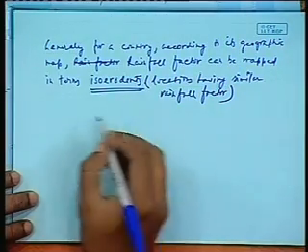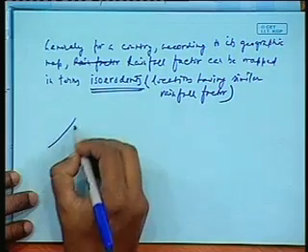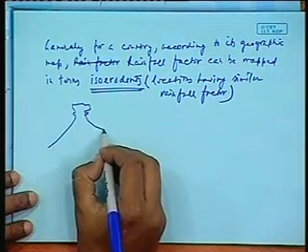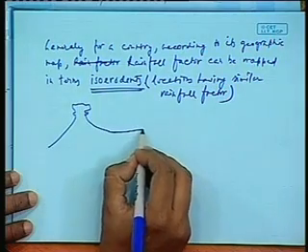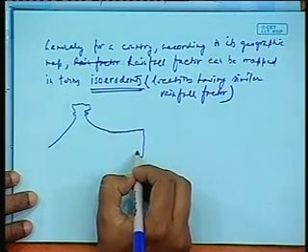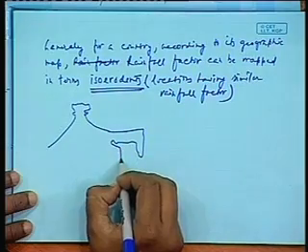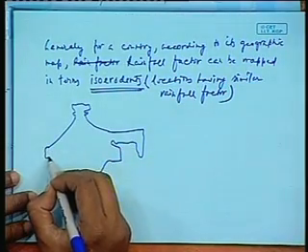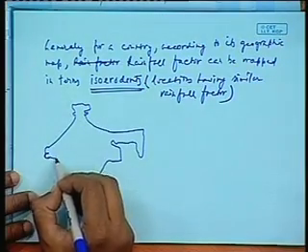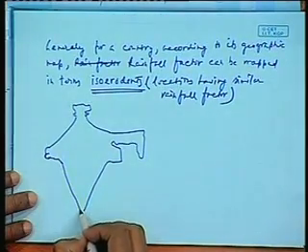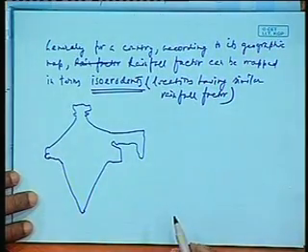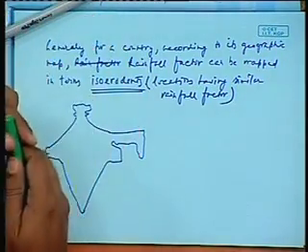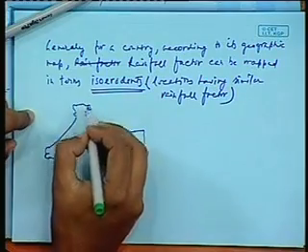So how it is generally done is not done yet for India, but it is generally done like this. If you can see how these isoerodents are made, they are like contour maps that we do.